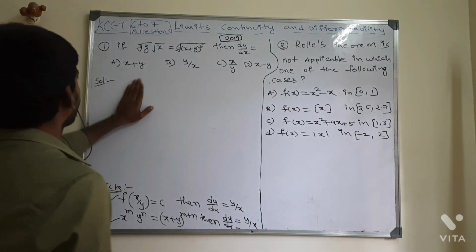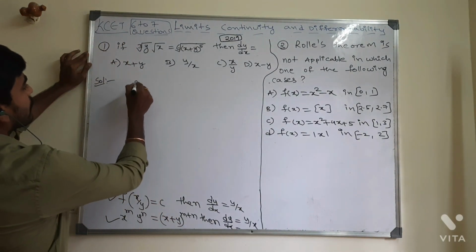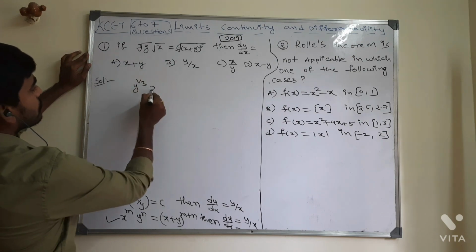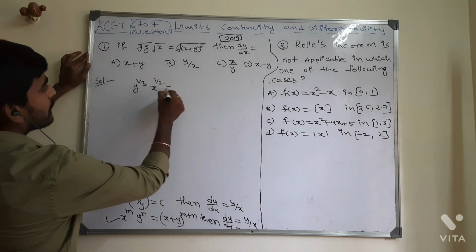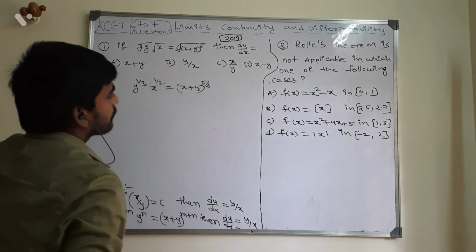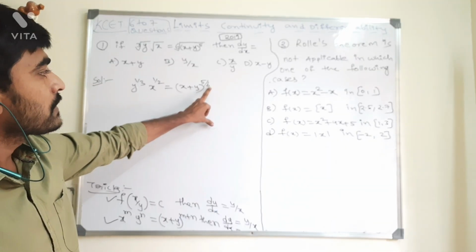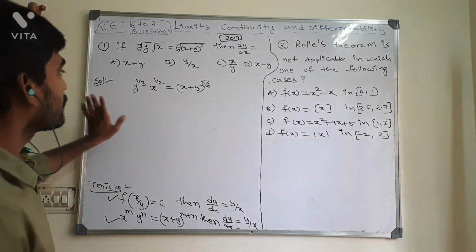See now, cube root of y, I am changing it to y power 1 by 3, square root of x is x power 1 by 2, and here x plus y whole power 5 by 6. I have changed the things. Now I check the LCM of the powers, which is 6, since 3 twos are 6.